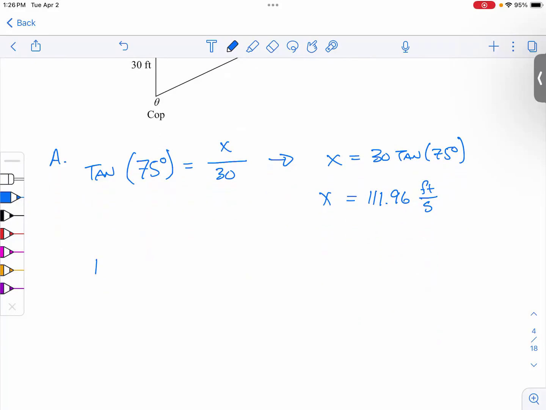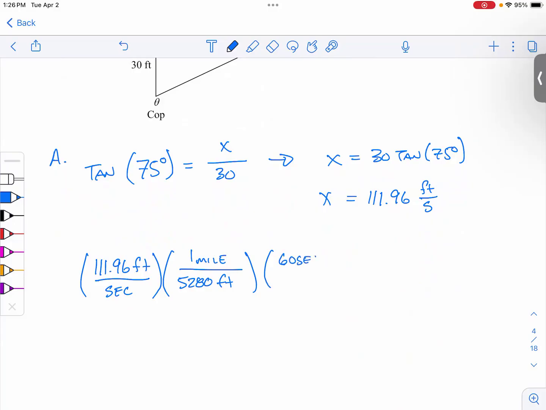Once you're there, then we can go: 11196 feet per sec, and then 5280 feet per 1 mile, and 60 sec, 1 minute, 60 minute, 1 hour. Then dimensional analysis away, right? That's all we're doing here. And calculate away.